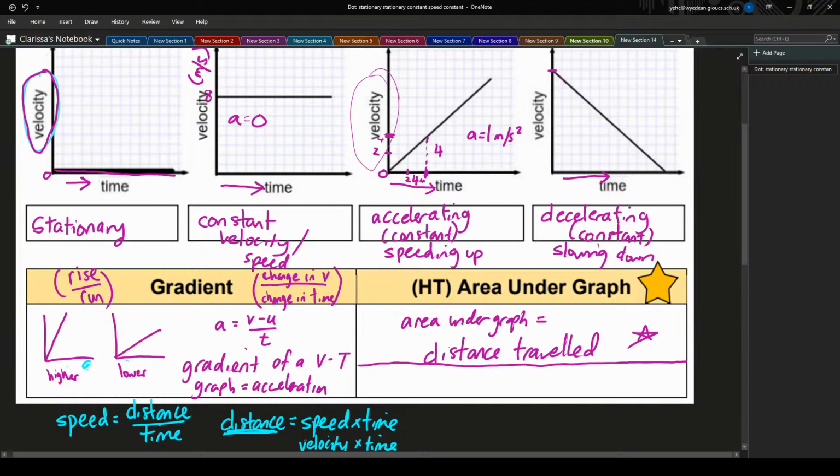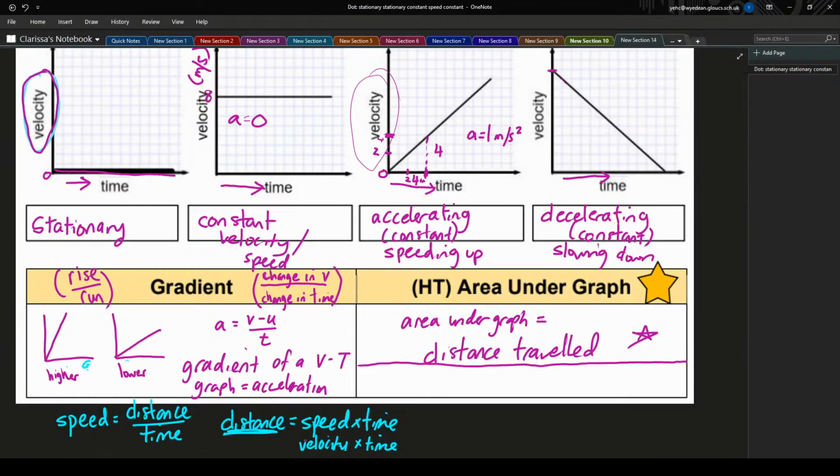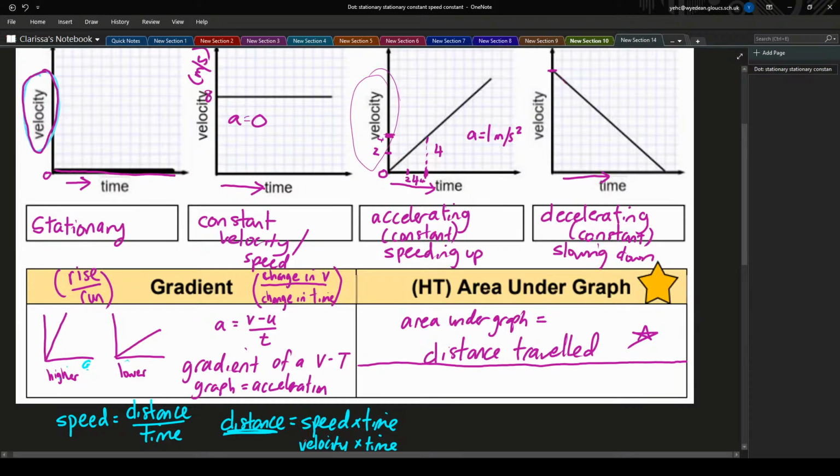I mean, come on, that connection right there. So this formula that you've been learning, speed equals distance over time, it relates to this graph. It maps onto this graph perfectly.